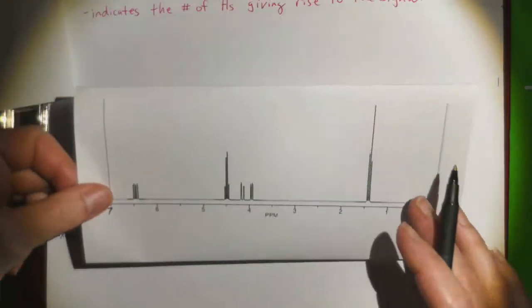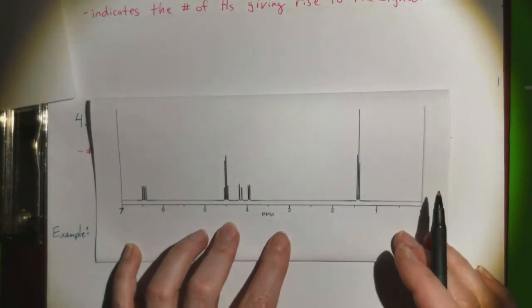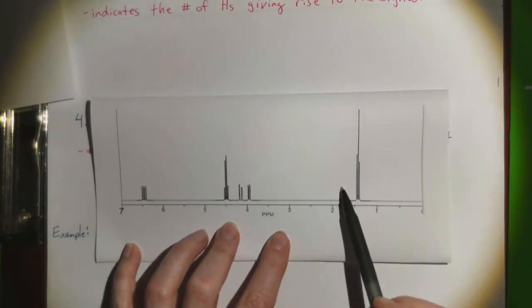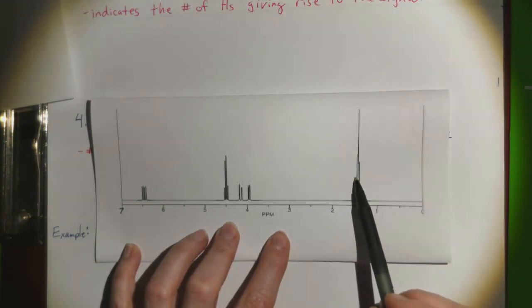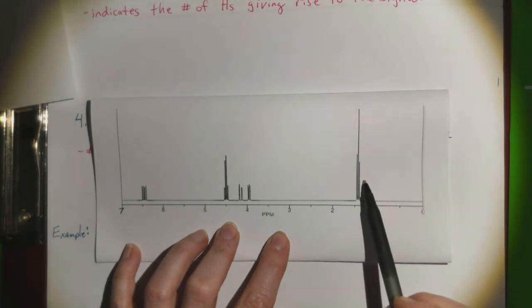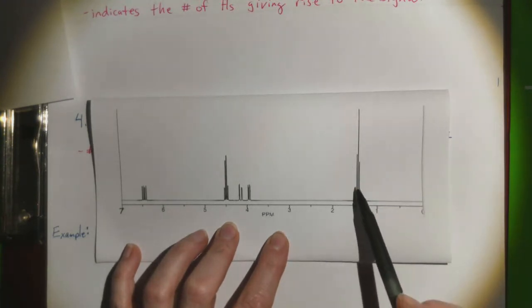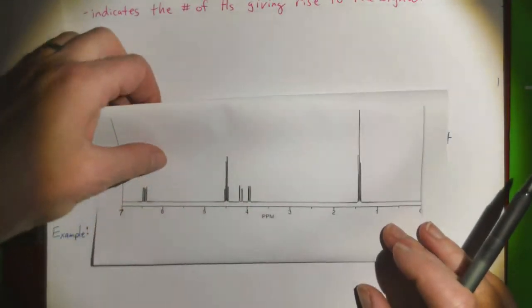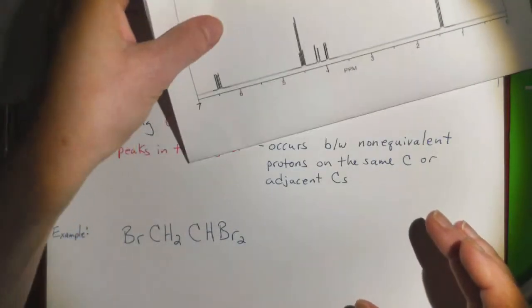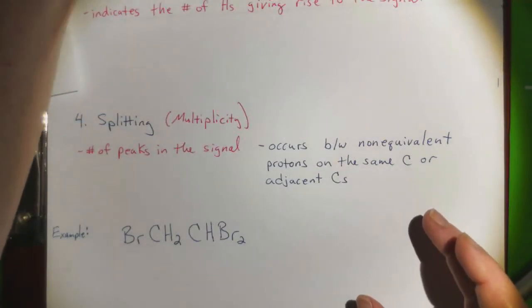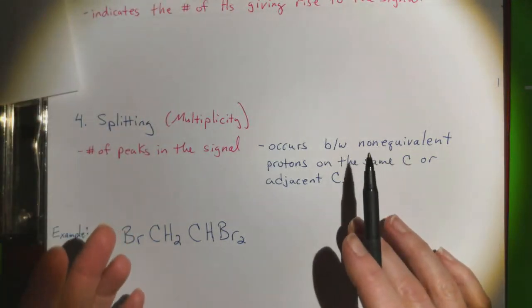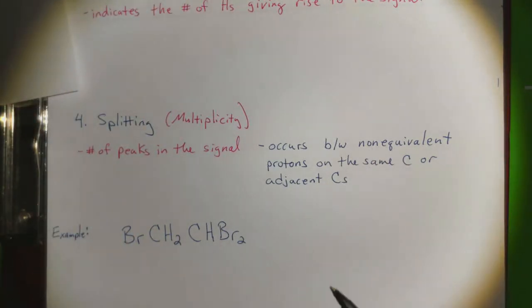Sometimes you'll see a proton NMR where this is one signal and it is split up into 3 peaks or 3 lines. This happens to be something called a triplet. So we need to investigate how to predict how a signal splits, what the multiplicity is.